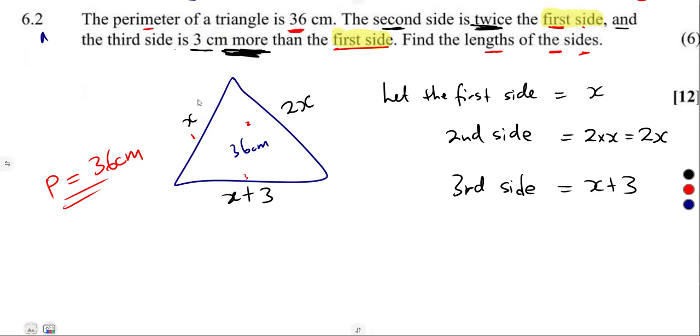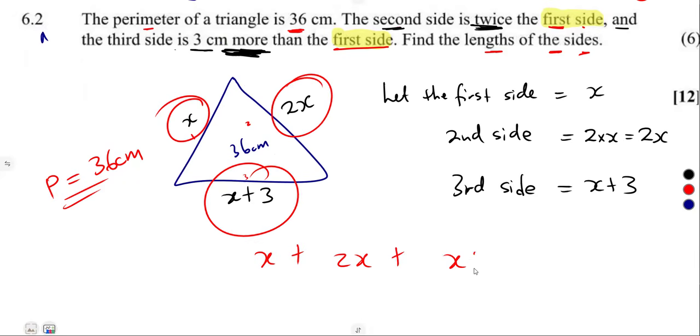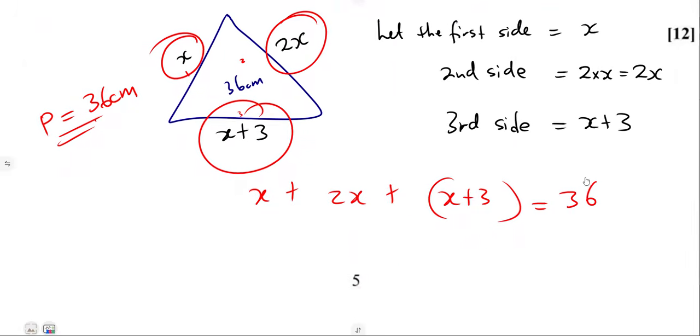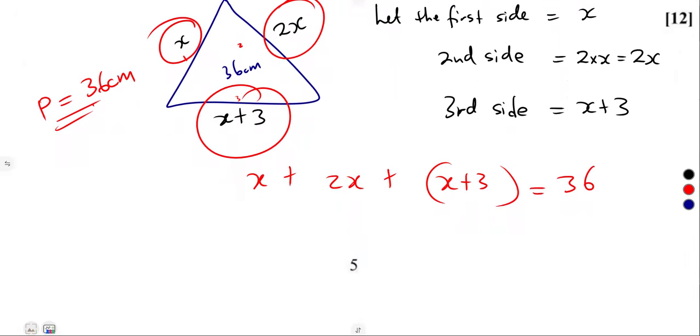So if I take the first side, add the second side, add the third side, I'm going to obtain the 36 centimeters perimeter. You form an equation from there, which you can solve for x.